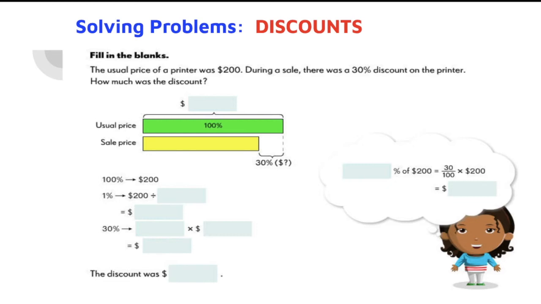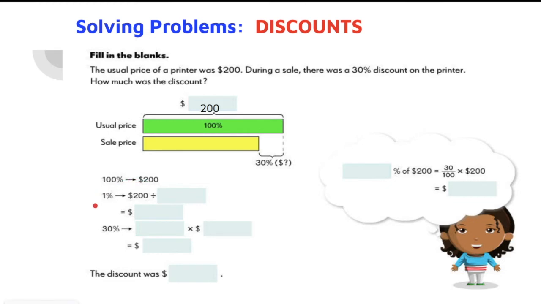So to solve this problem, let us use bar models to represent the given information. 100% or one whole is represented by $200. And we need to get the 30% discount. So how much is the discount? We can do this by first getting 100%, which is equal to $200.